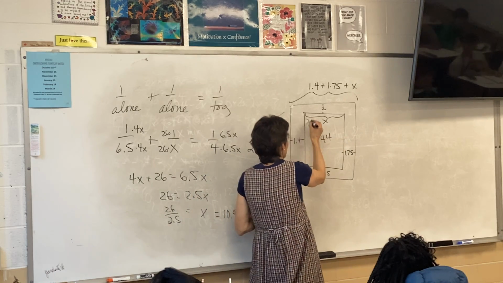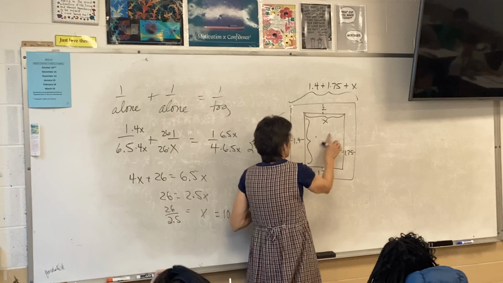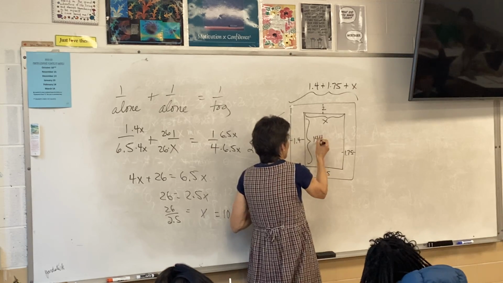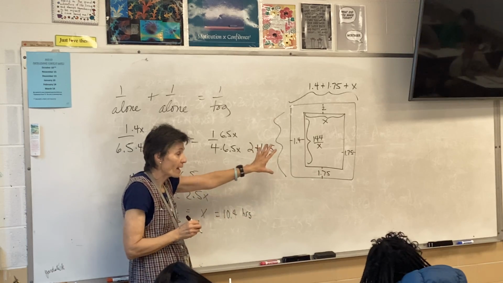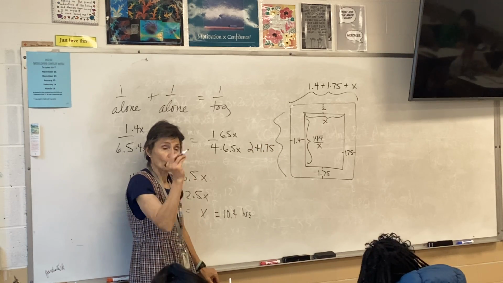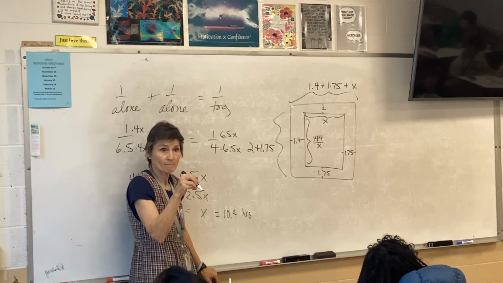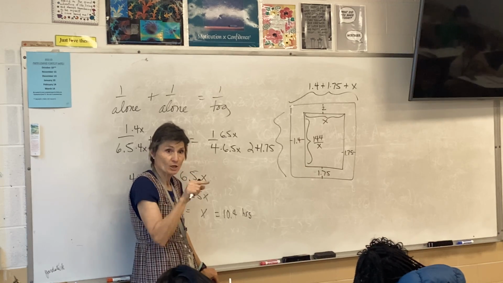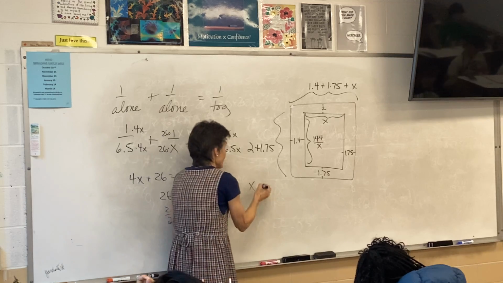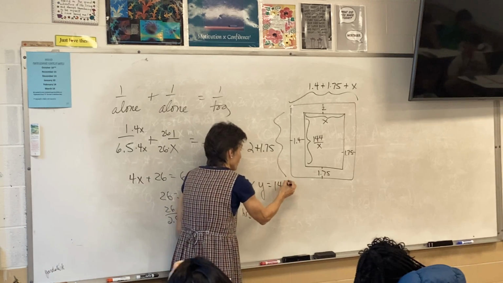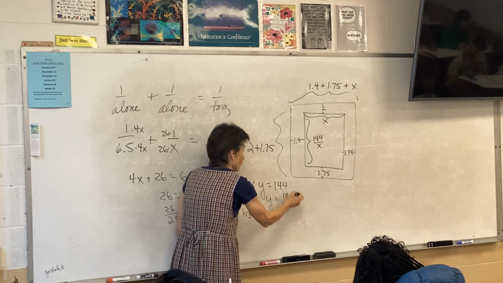144 divided by X, because area of the print matter is 144. So length times width of the printed section has to be 144. So if X times Y has to be 144, isn't Y 144 over X?